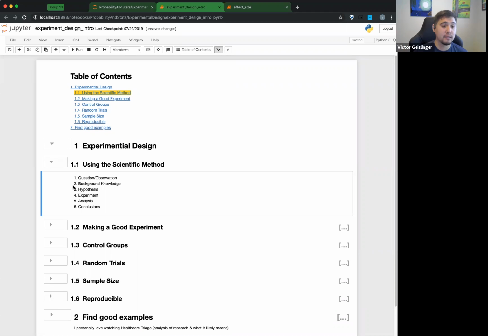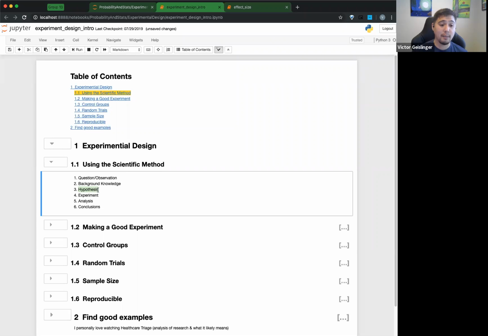The main thing, which is also really useful for data science, is that you want to start off with a question or observation, like our business case: what is the reason we're looking to explore this? Then you look at the background, which in data science we usually call domain knowledge, understanding that background information. Then we want to develop a hypothesis, and we need to make it really clear.